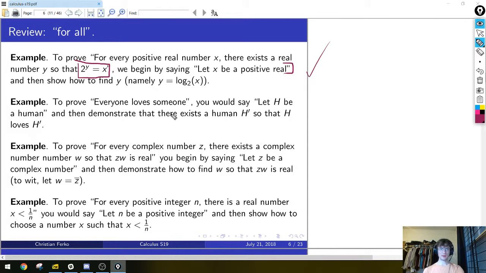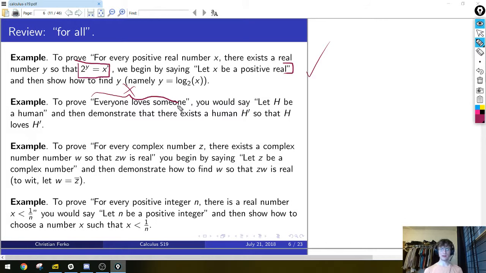Another, a kind of humorous one, this is probably not true. I don't think this is a true statement, but if you wanted to prove it anyway, to prove the statement everyone loves someone, which is the statement, for every human h, there exists a human h prime such that h loves h prime.